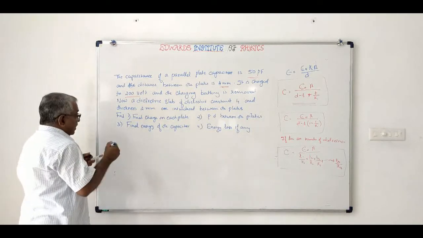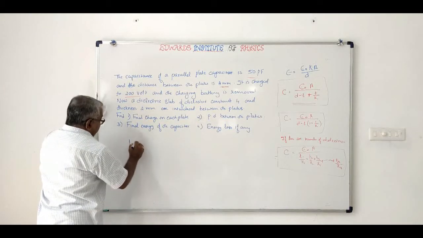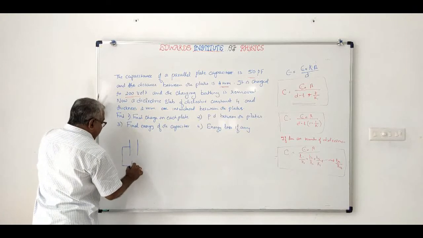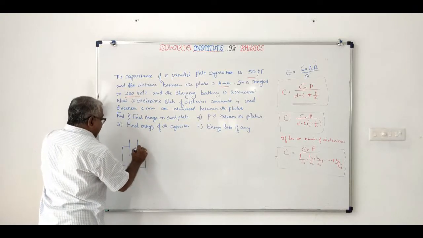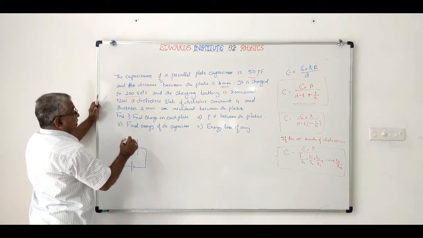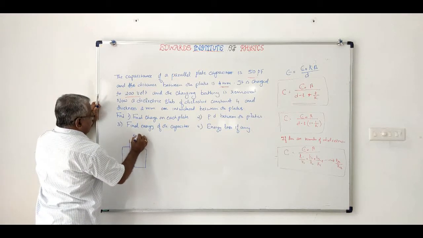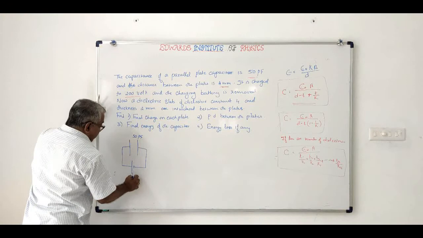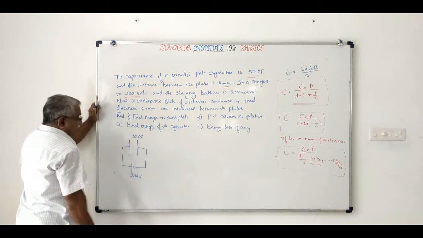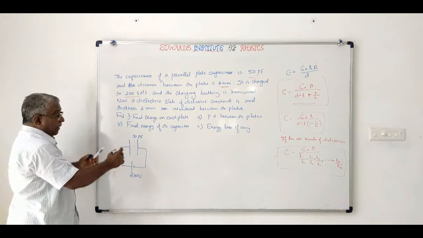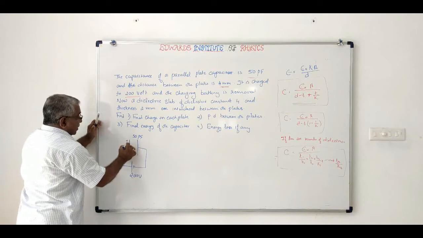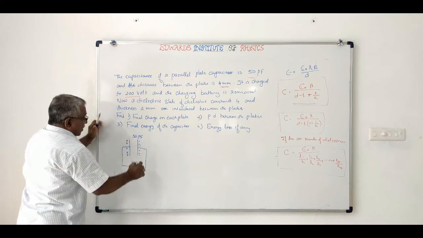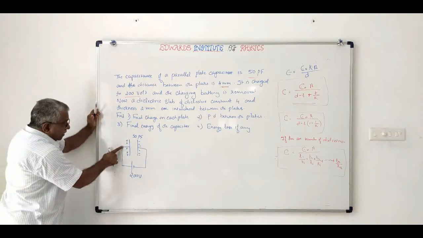See, the question is this: there was a parallel plate capacitor, and this is being charged by a battery. The capacity is 50 picofarad, and the potential of this battery is 200 volt. You have connected both the plates, and it has become a positively charged plate here, negatively charged plate there, and now the battery is removed.